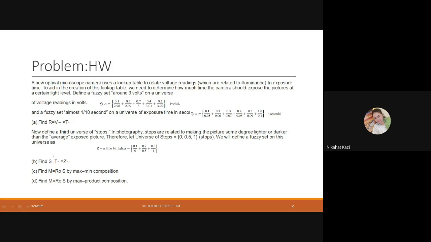Form the fuzzy relations R and S, and then apply composition, max-min and max-product. So try this problem. I want the answer next time. Next time, let us revise the concepts through more problem solving, where we will try to reason things. If we have not understood clearly, we will revise it.